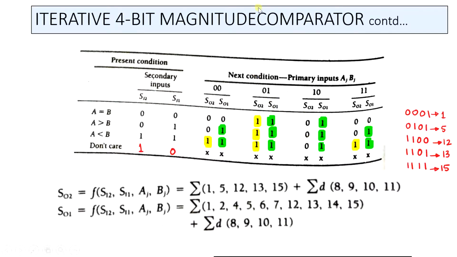In the similar manner like the way we have considered for SO2, we have represented the SO1 in green color and have highlighted the minterms, and I can write the decimal notations as 0100, which corresponds to 4. This is 0001 which corresponds to 1, 0010 which corresponds to 2 and so on.